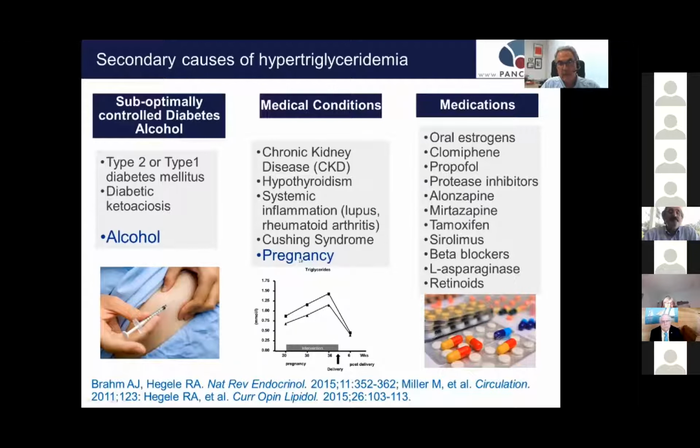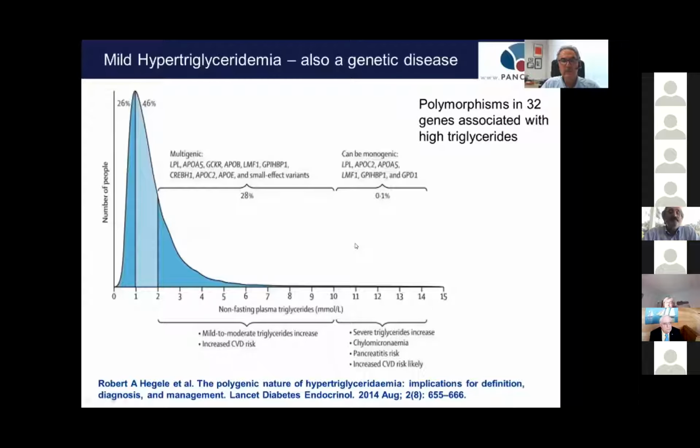There are a number of other diseases. Pregnancy is one factor that can raise lipids, and there are a number of drugs that I don't want to get into much detail about. What are the genetic causes? This is a very elegant study from Canada. What these authors have shown when they looked at an entire population is that if levels are above 2 millimolar, there are around 32 different SNPs in different genes that can be associated with high triglycerides.